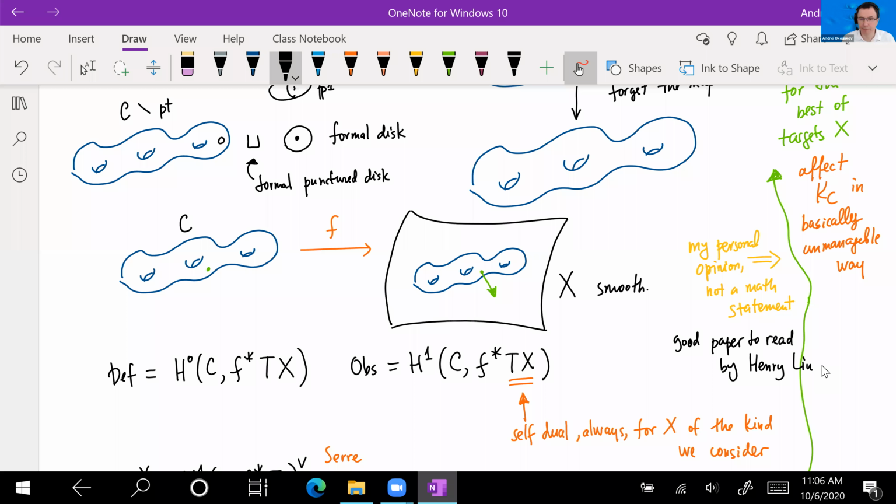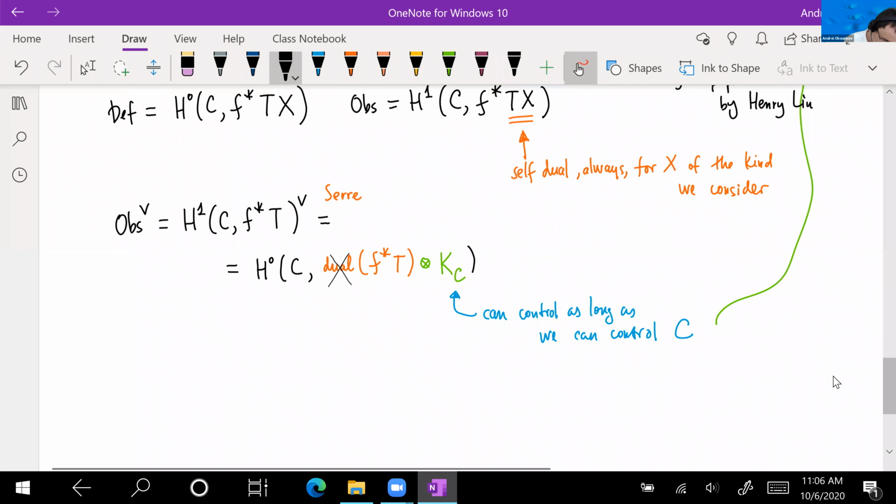That has a discussion of the issues that come up in trying to make that obstruction theory self-dual. And if you want to pursue this, then there is a basic challenge.